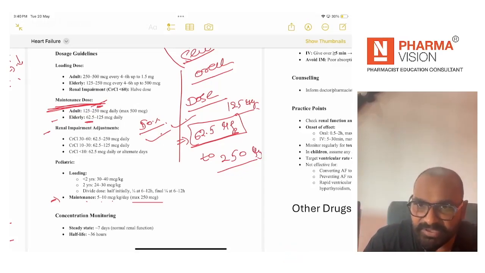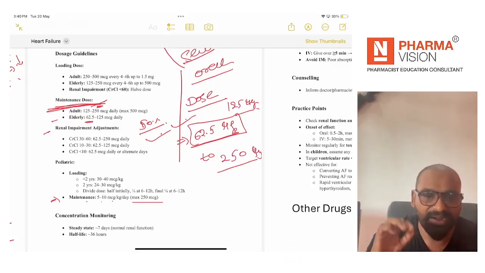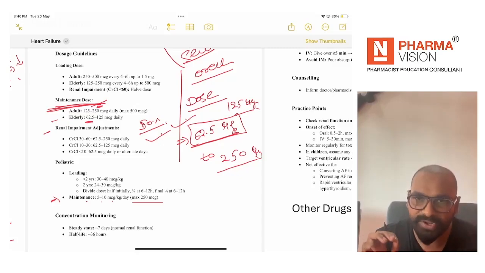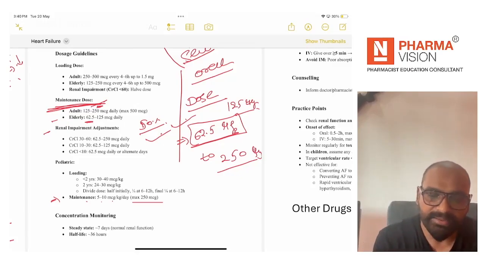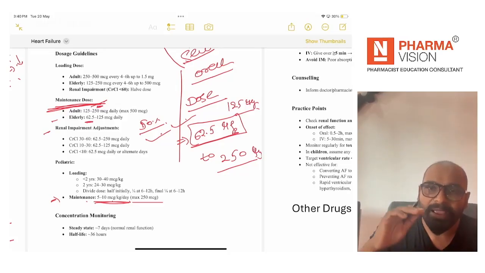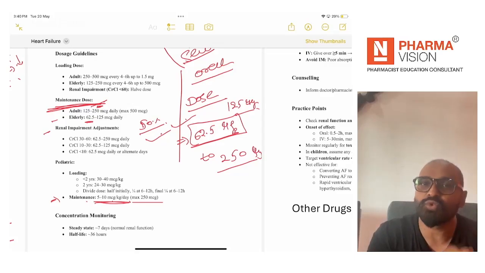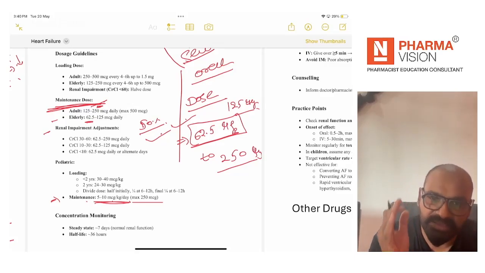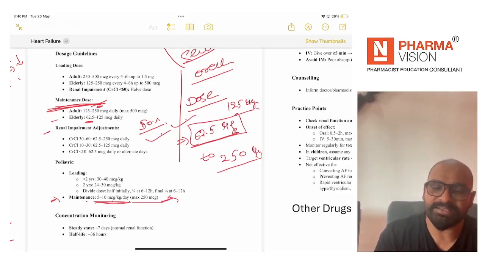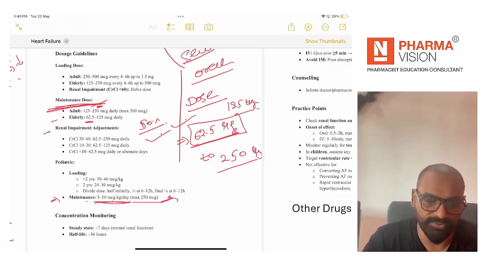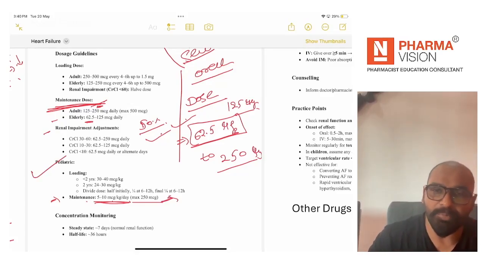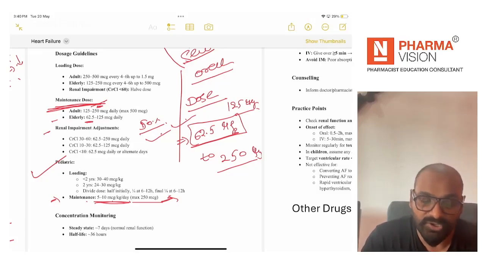So whenever you are doing pediatric dose calculations like 5 microgram per kilogram per day, and the calculation is exceeding the maximum adult dose, then you are allowed to take only the maximum adult dose. You cannot exceed the maximum adult dose. Okay, so this is another important point that you have to keep in mind in general terms.